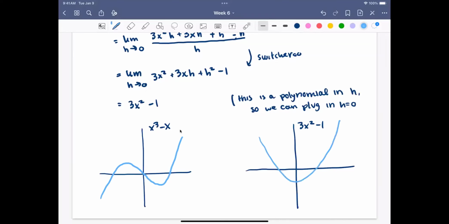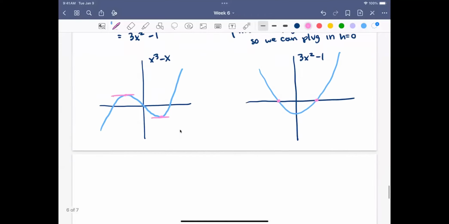So I just want to observe some features of these graphs. One thing is that when this has a horizontal tangent here and here, that's when this is going to have a 0. So if I have a horizontal tangent, let me make a little dictionary.